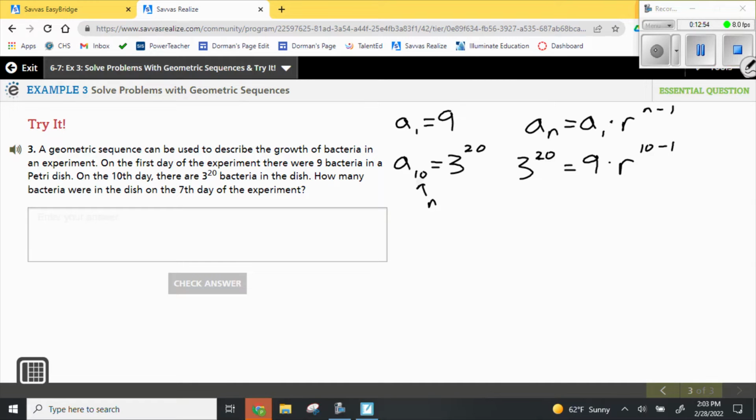I'm going to divide 3 to the 20th power by 9, and I get, I believe, 387,420,489 equals r to the 9th power. So I'll take that, and I'm going to take the 9th root of both sides.